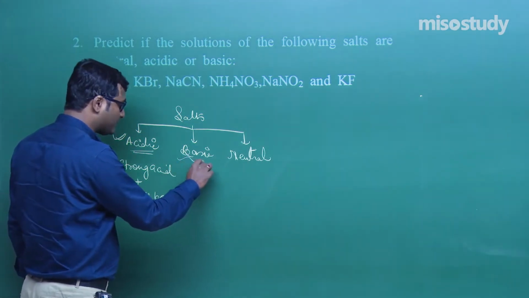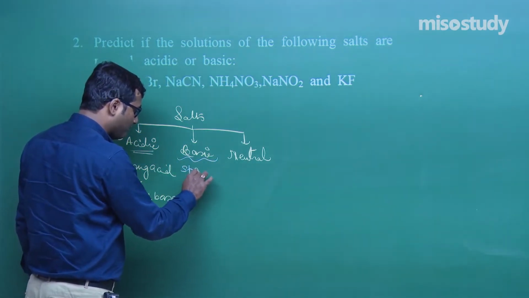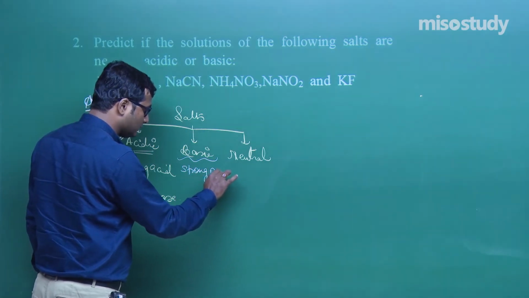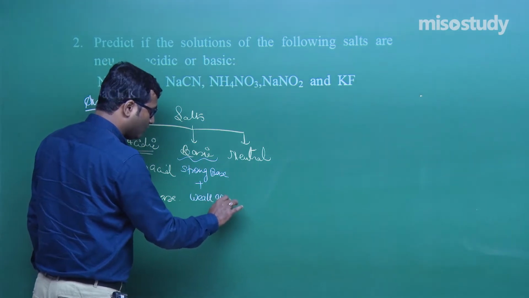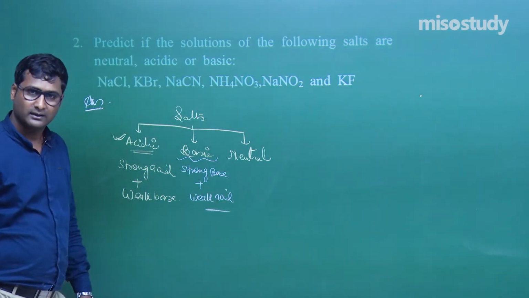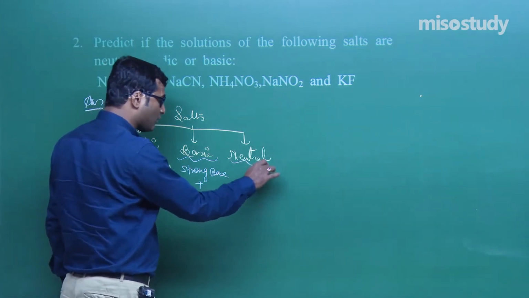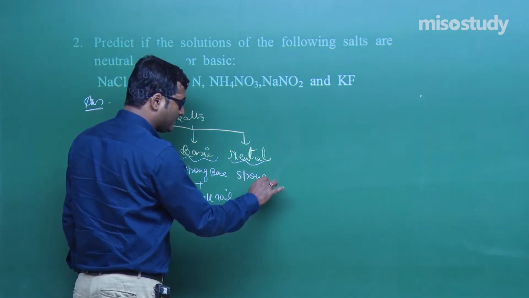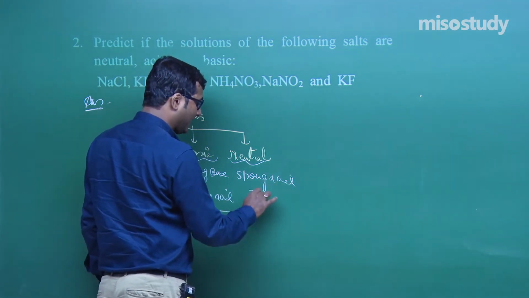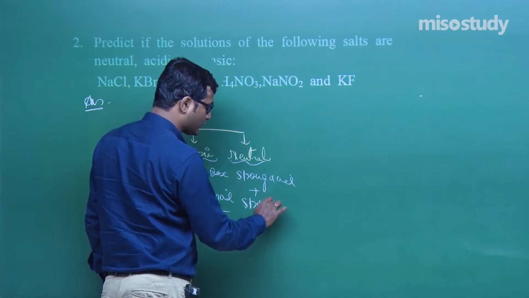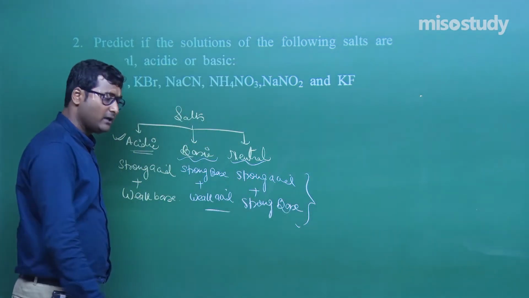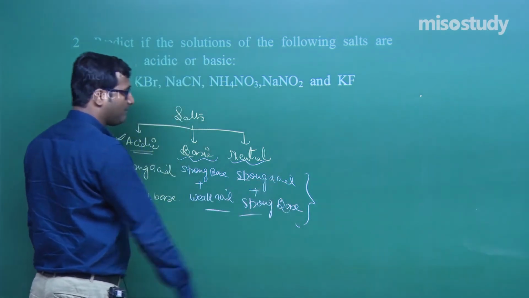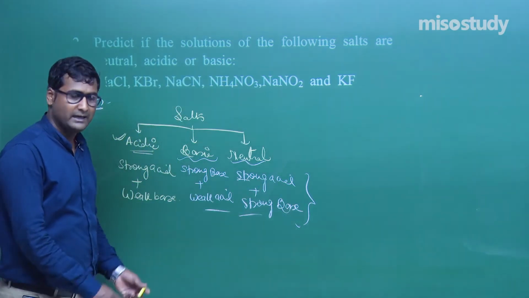Now what about basic? If the base is strong and the acid is weak, then we get basic salt. And we get neutral salt if the acid is strong and the base is also strong, or if the acid is weak and the base is also weak. Clear? Now find out.